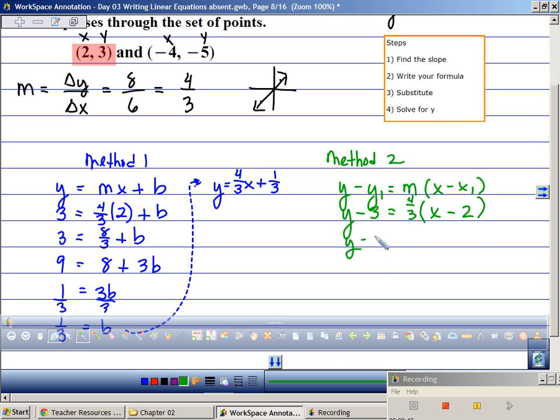Now I have y minus 3 equals 4/3 x minus what? 8/3.